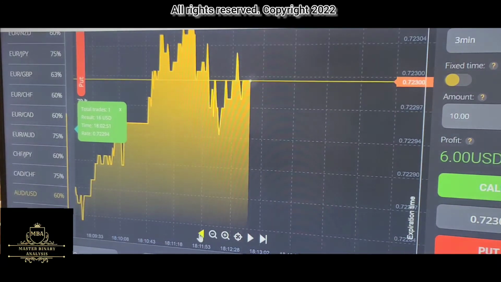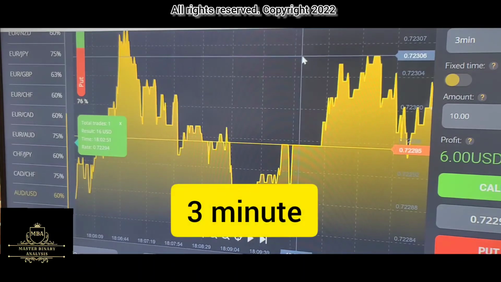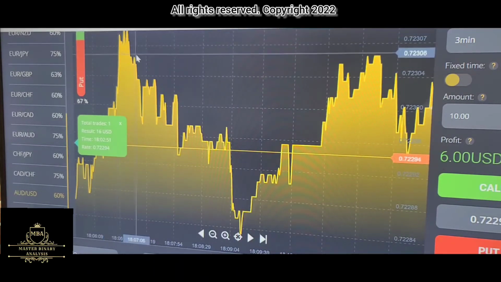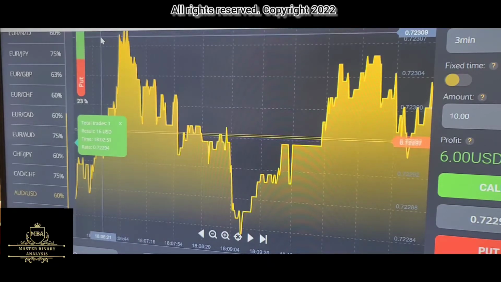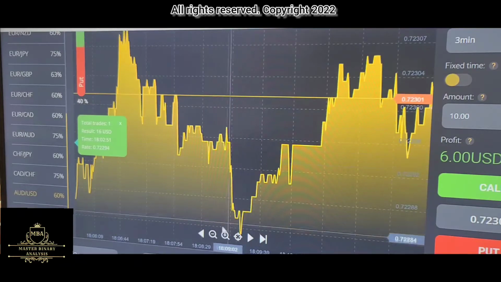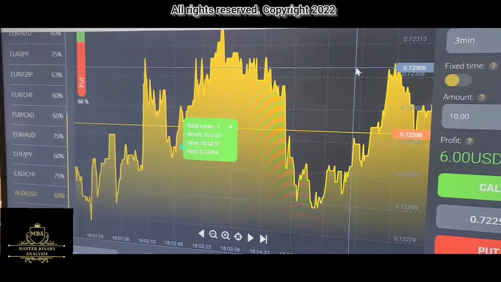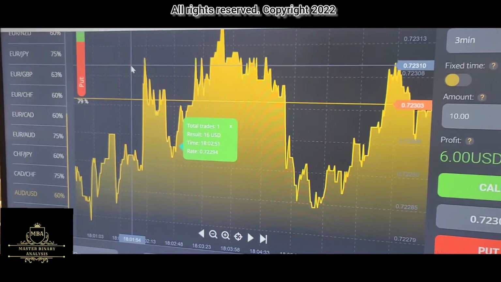So if I just go back in time, I was only taking 10-minute trades. So $10 trades. You can barely see it, but I got this entry at around 308. I go back. Yeah, it was around here.